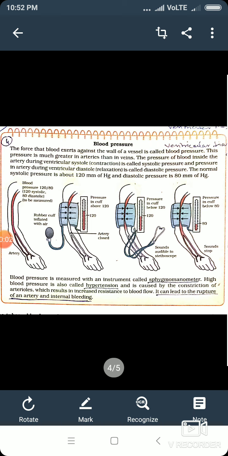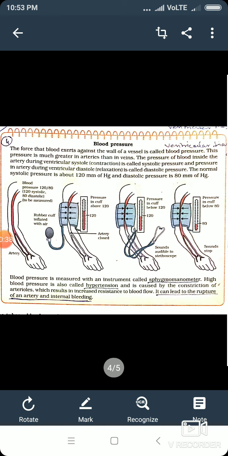Already I have explained in my previous video the difference between arteries and veins and why blood pressure is more in arteries than in veins. The pressure of blood inside the artery during ventricular systole, that is contraction, is called systolic pressure, and the pressure in the artery during ventricular diastole, that is relaxation, is called diastolic pressure.